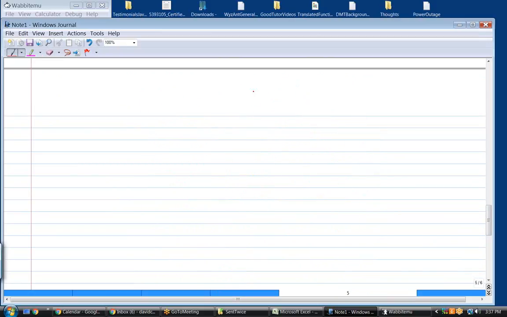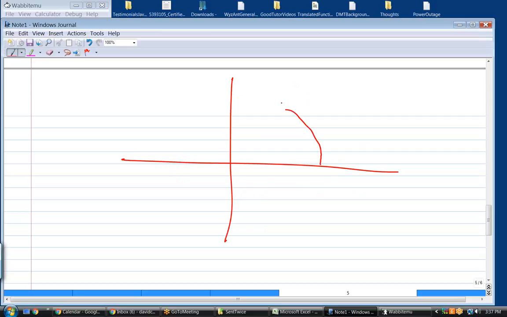First of all, a positive angle is always measured from the x-axis going counterclockwise. So if I have a ray like that, that's a positive 60 degrees. If I start from the x-axis and go clockwise, that's a negative 60 degrees. With me?